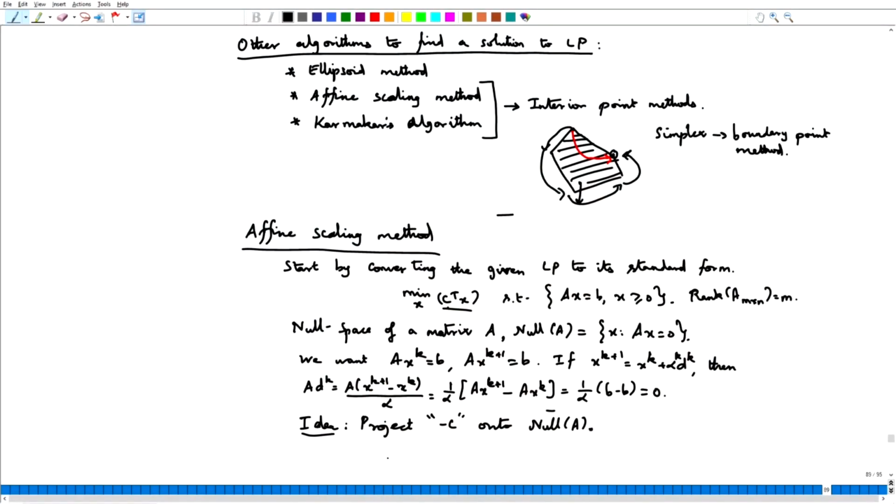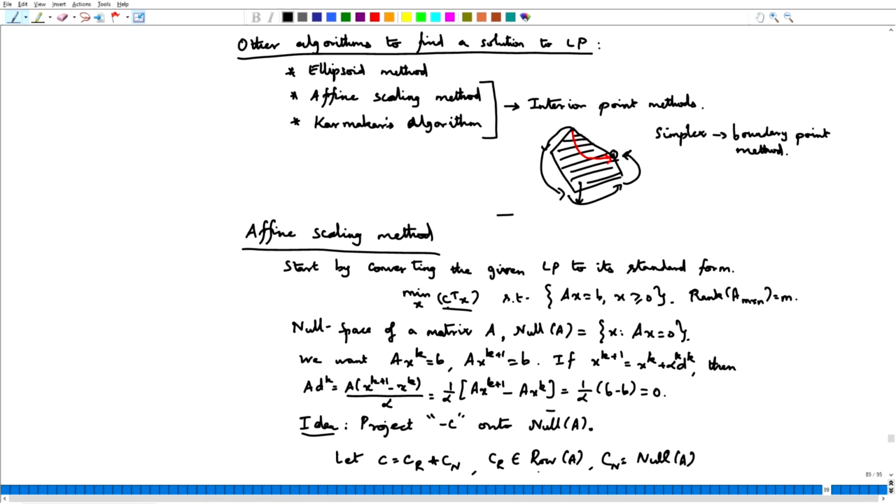Now, since the row space and the null space of any matrix are orthogonal, I can split a given vector to be the sum of two vectors, where one of the vectors is in the null space and one of the vectors is in the row space of the matrix. So, let me do that for c; we will change that for minus c at the end. Let me call them cR and cN, where cR belongs to the row space of A and cN belongs to the null space of A.